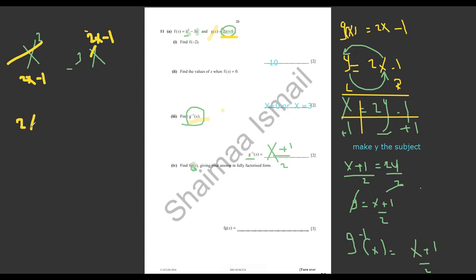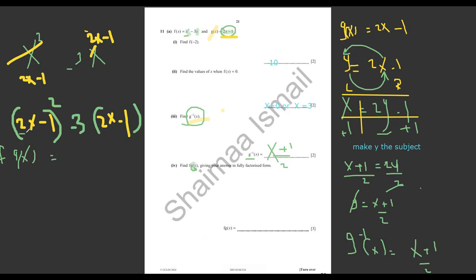So it is 2x minus 1 squared, and here 2x minus 1 multiplying by negative 3, with power 2, and we solve it. This is the right answer for f of g of x.